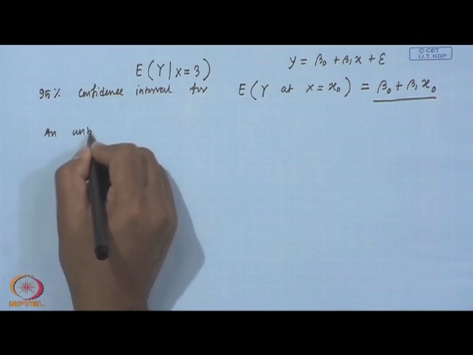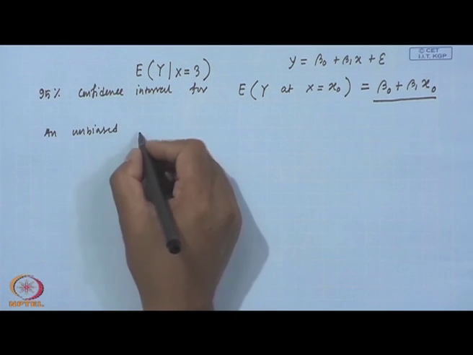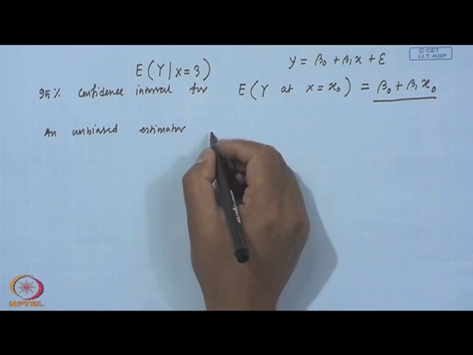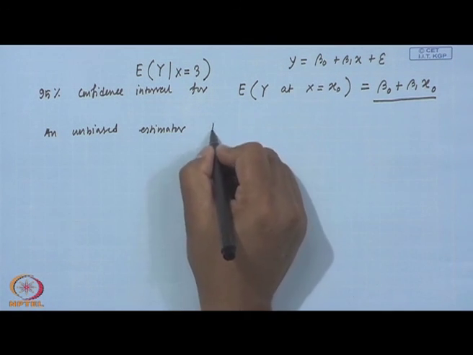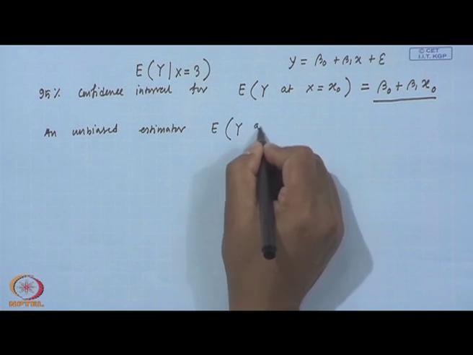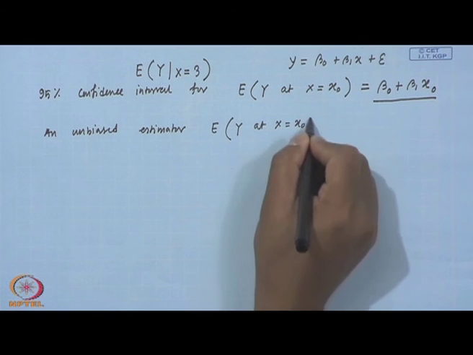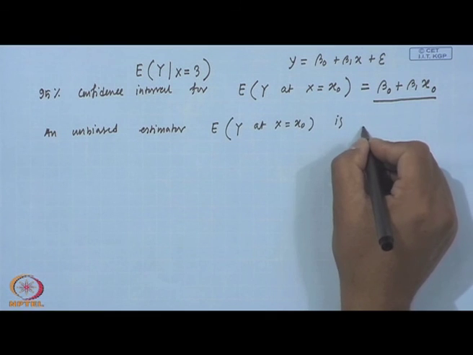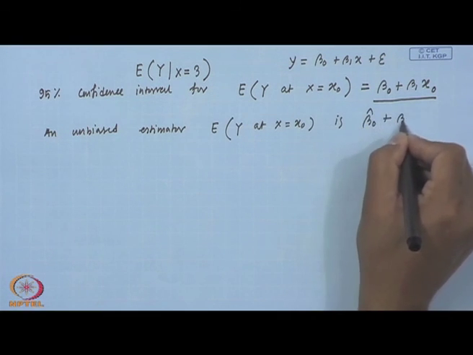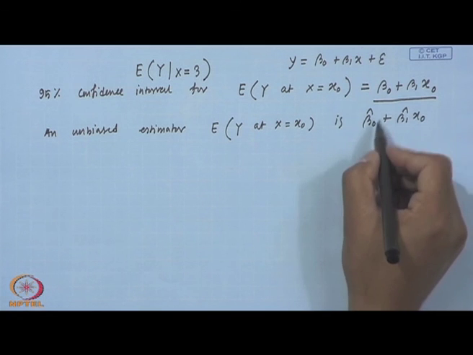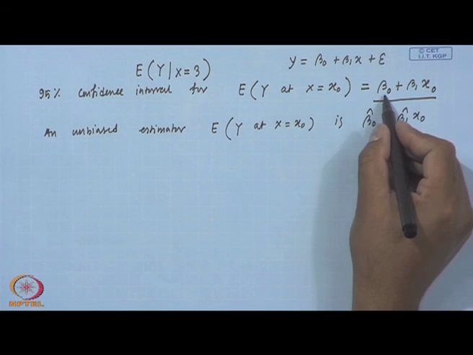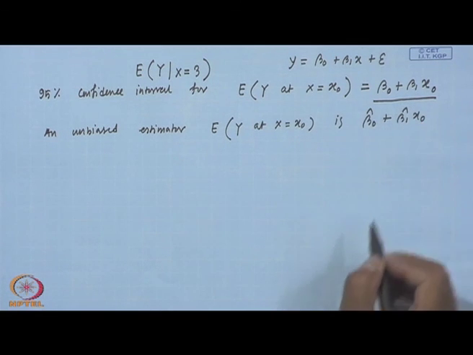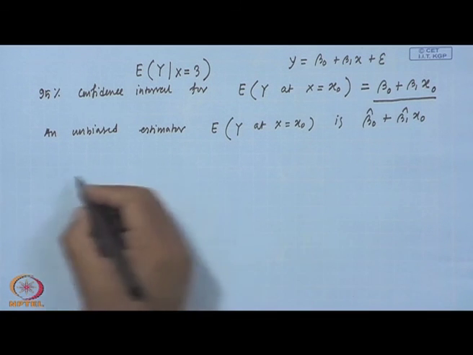An unbiased estimator of this one, at x equal to x naught. That means the unbiased estimator of beta naught plus beta 1 x naught is nothing but beta naught hat plus beta 1 hat x naught, because beta naught hat is an unbiased estimator of beta naught and beta 1 hat is an unbiased estimator of beta 1.